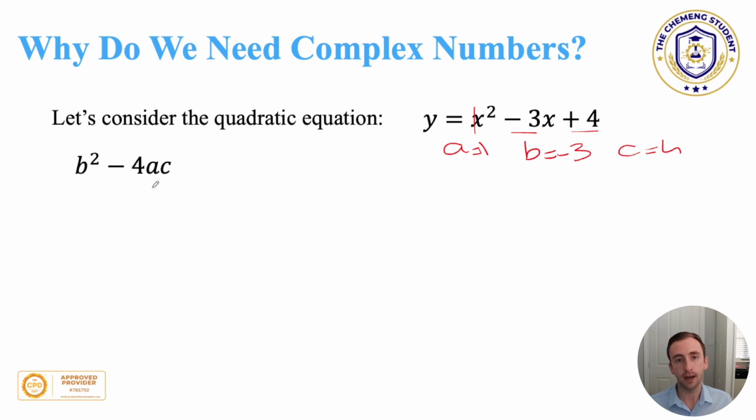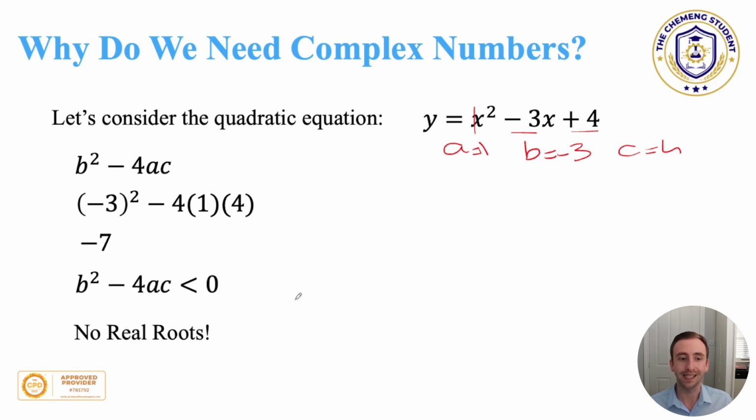So if we pop them into the discriminant and solve, we end up with a value of minus 7. So what this tells us is that because b squared minus 4ac is less than 0, we have no real roots. From the standpoint of just the equations, this would tell us that there is no solution to this problem.